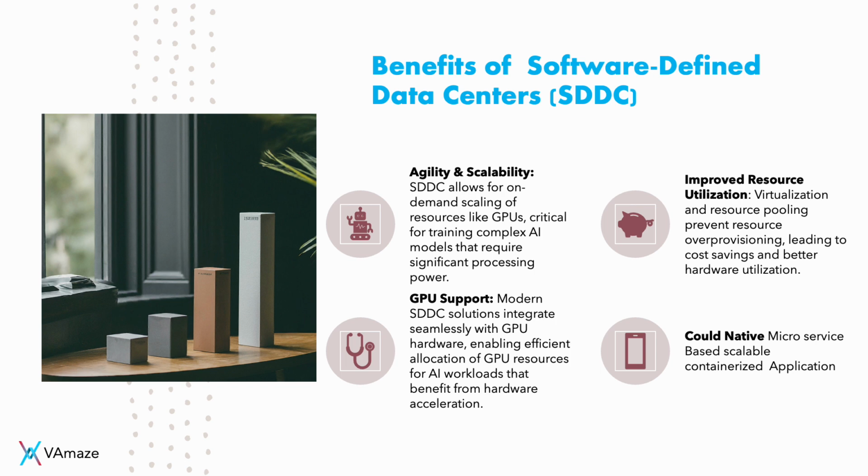For instance, during the training phase of a complex AI model, you may need a large number of GPUs to accelerate the training process. With the software-defined data center, you can easily provision the necessary GPUs and then scale down once the training is complete. This on-demand provisioning helps to optimize resource utilization and reduce cost.